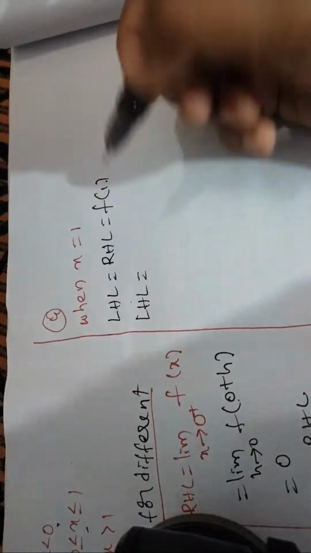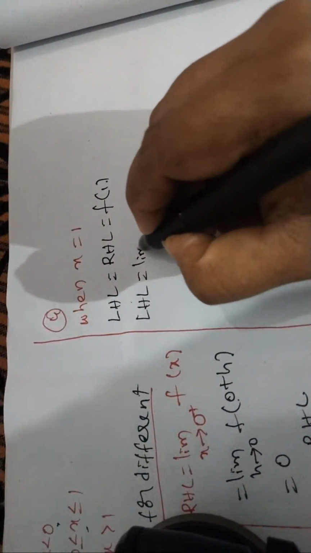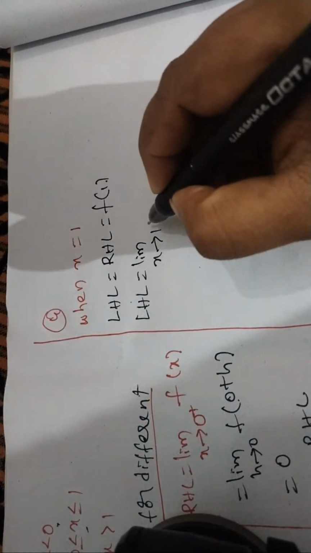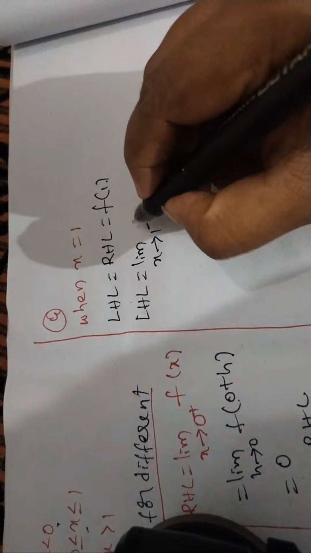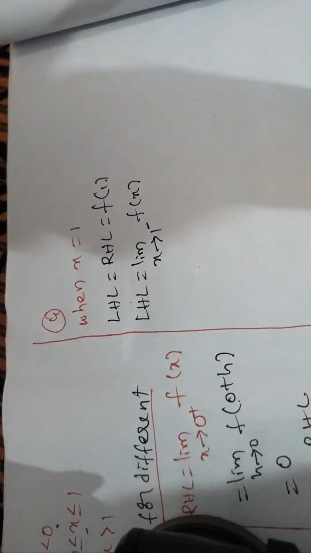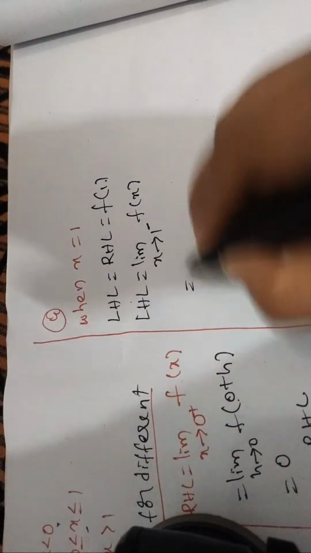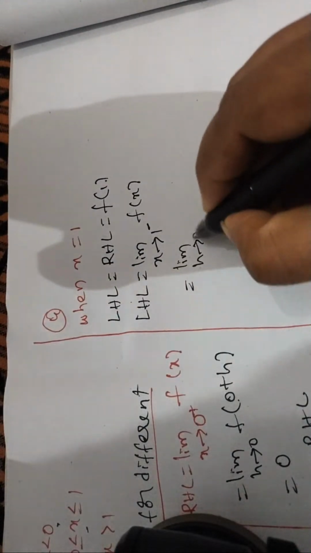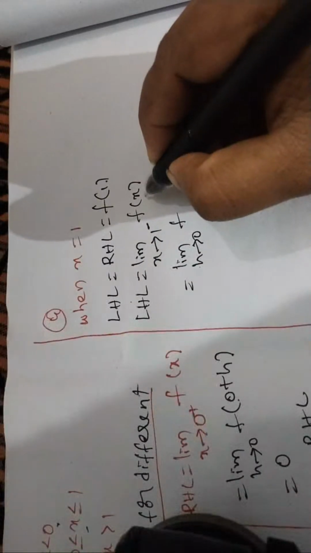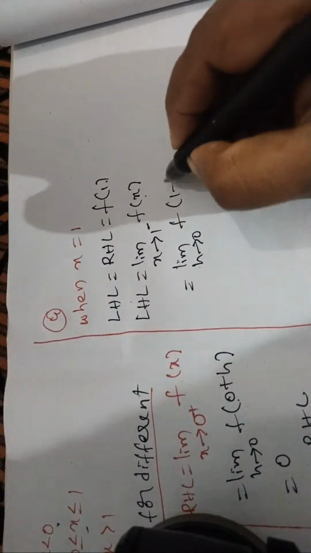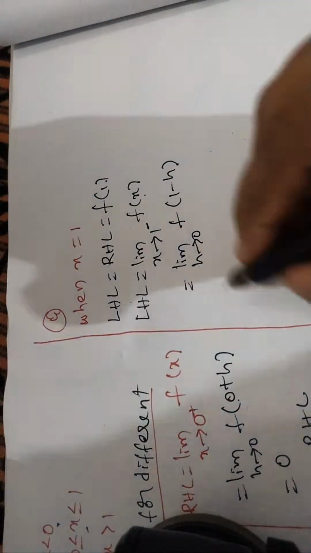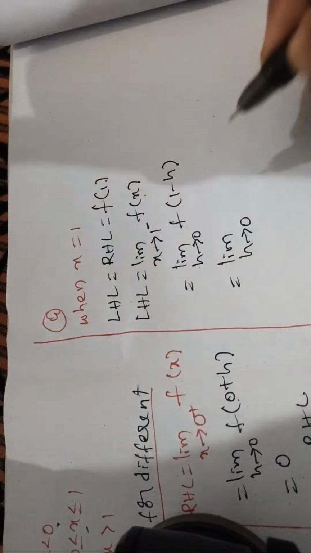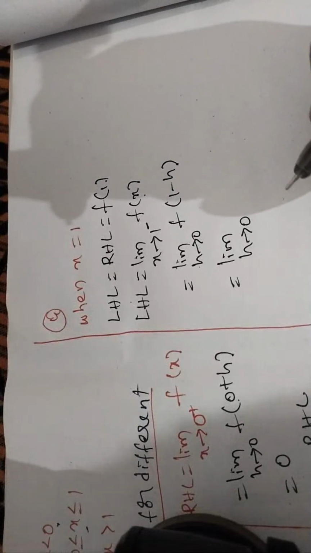Okay. LHL is equal to the limit as x tends to 1 minus of f of x. I want to start from 0. Limit h tends to 0, f of x is replaced by f of 1 minus h. Now, 1 minus means less than 1.